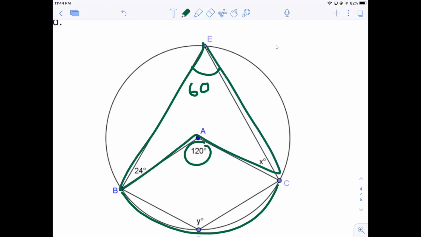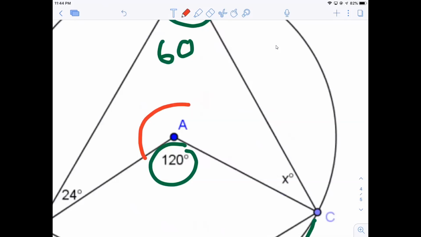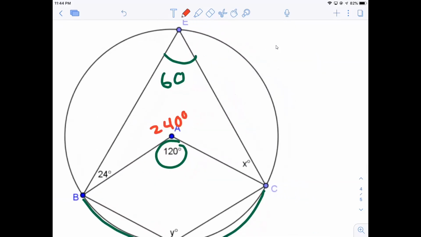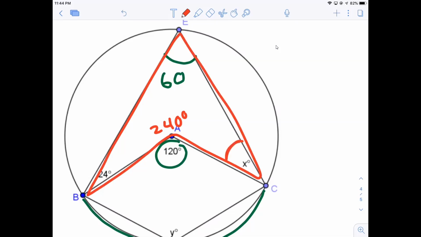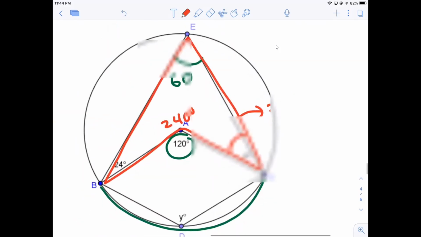EBAC is a quadrilateral, which means that angle and that angle are going to add up to 360. So 120 plus 240 is 360. The sum of interior angles in a quadrilateral is 360 degrees, so you can use that to solve for x. I believe that gives you x is 36 degrees.